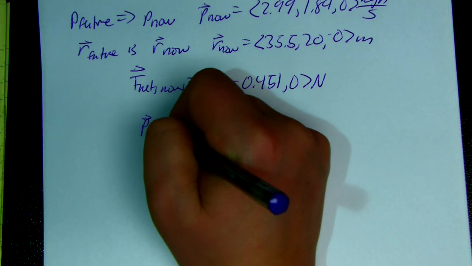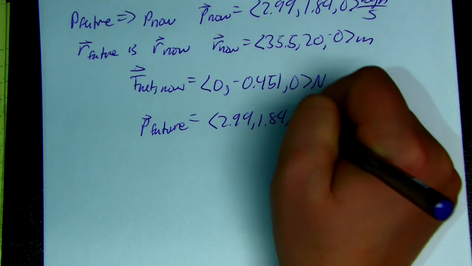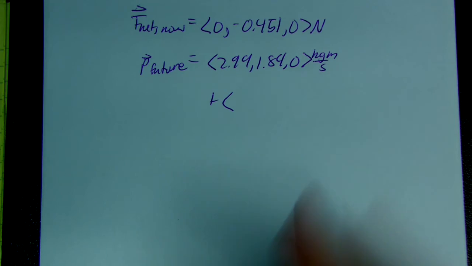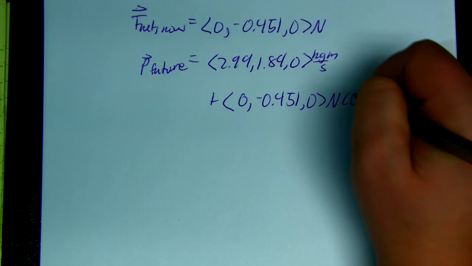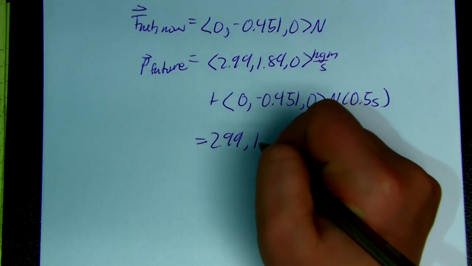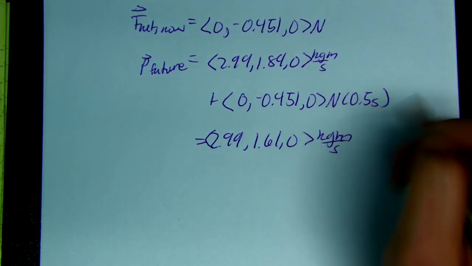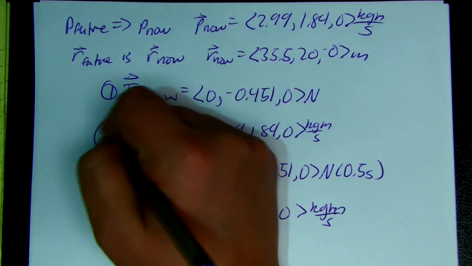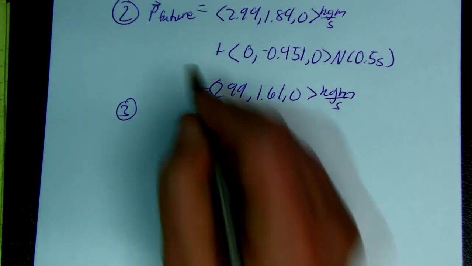P future is equal to <2.99, 1.840, 0> kilogram meters per second plus <0, -0.4510, 0> newtons times 0.5 seconds, which is equal to <2.99, 1.610, 0> kilogram meters per second. So this is 1, 2, and then 3, we want to calculate r future.